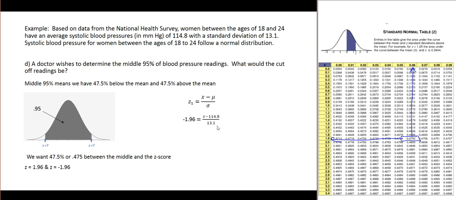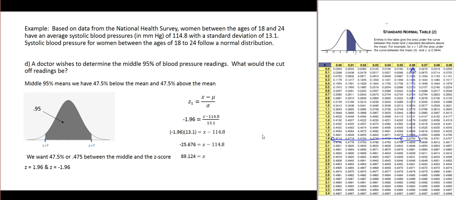Notice I don't have a divide by square root of n because I don't have a sample size, so I'm going to leave that out. I'm going to multiply both sides by 13.1 to clear those fractions, and then add that 114.8, and we get our first cutoff. Because that was on the negative z-score side, this would be our lower cutoff. It's obviously not negative, but this would be our lower cutoff.